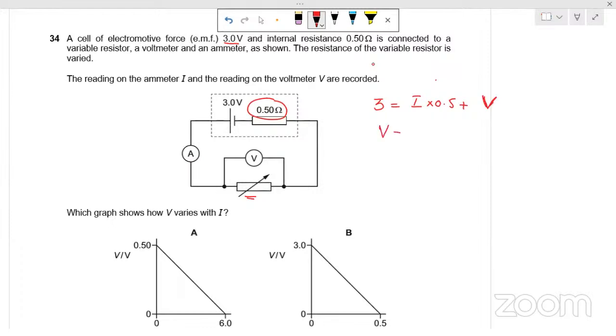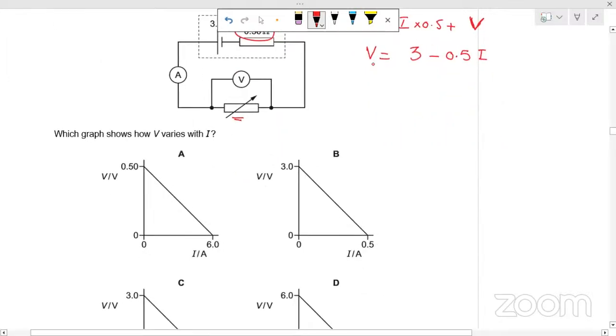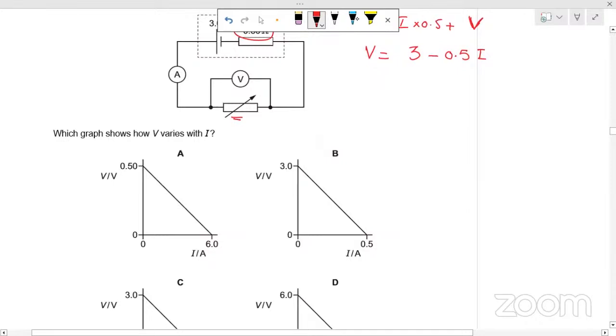If we make V the subject, we will get V equals 3 minus 0.5 I. Looking at this equation and these graphs, if the current through this circuit is 0, the voltmeter reading should be 3.